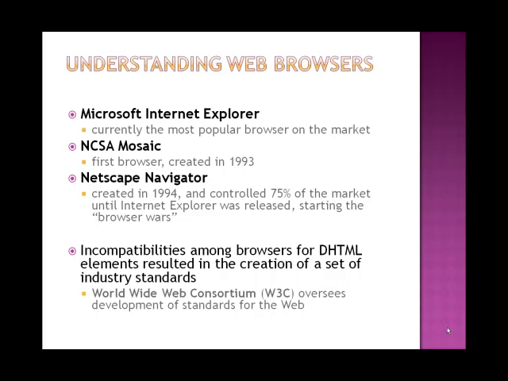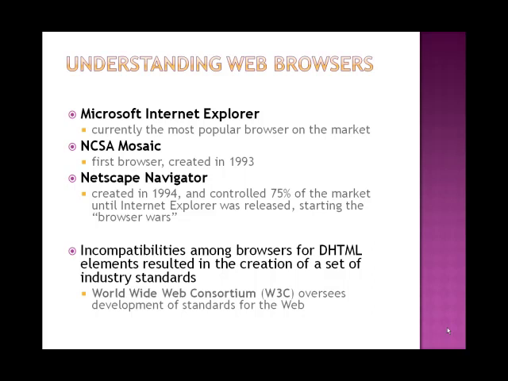The first browser was named Mosaic, and it was created by NCSA in 1993. And in 1994, Netscape created the Navigator, which was basically at the time the most popular web browser, and it had a share of about 70% of the market in 1994.